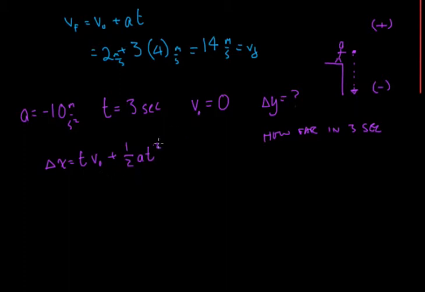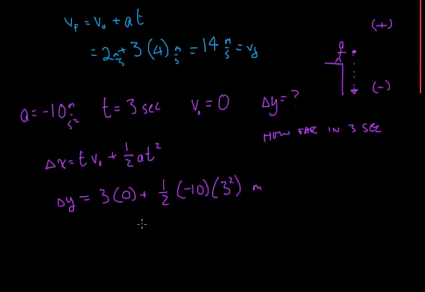So if we plug in our values here, and actually it's change in y, equals, time is 3 seconds, velocity initial is 0 meters per second, plus 1/2 times our acceleration of -10 meters per second squared, multiplied by 3 seconds squared, to get meters as our units.